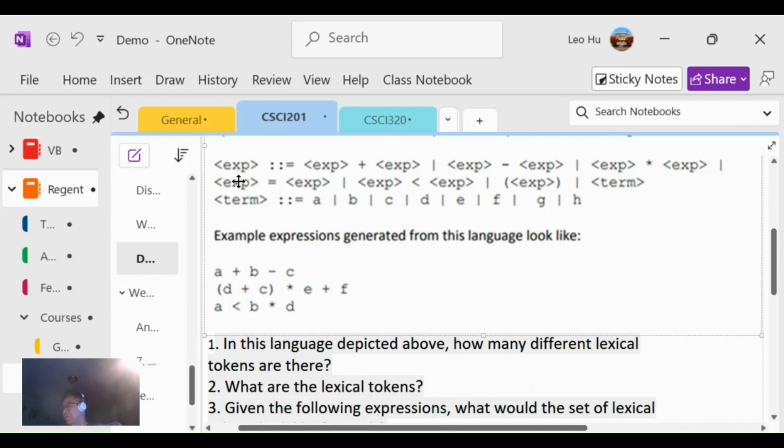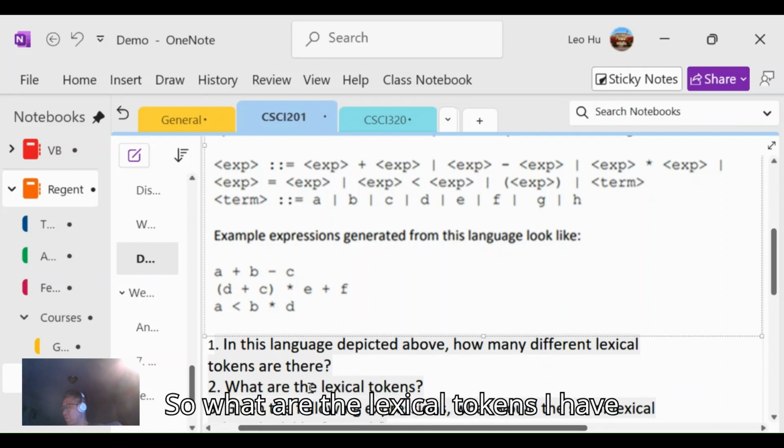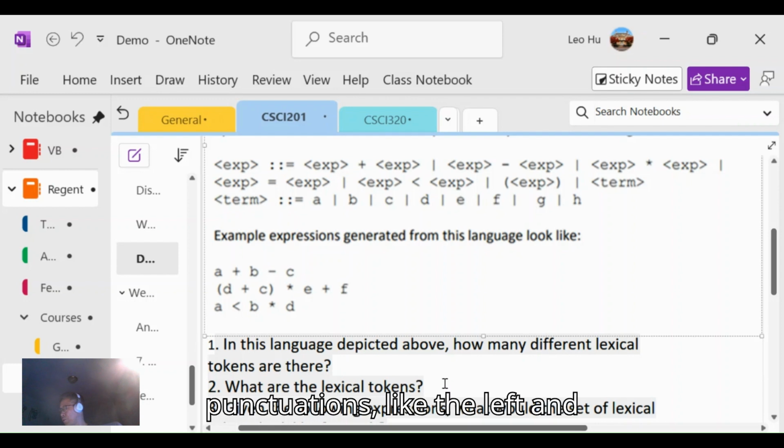They are not lexical tokens. Once you count the operators and the terms, you know how many different lexical tokens there are, right? So the lexical tokens I have mentioned are the operators, the terms, and the punctuations, like the left and right parentheses.